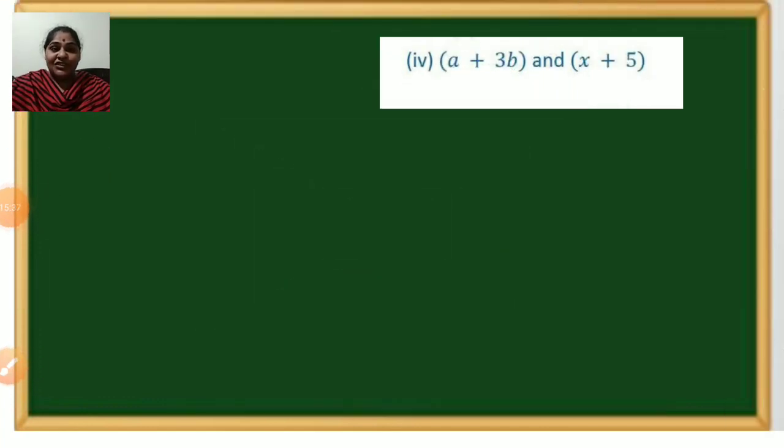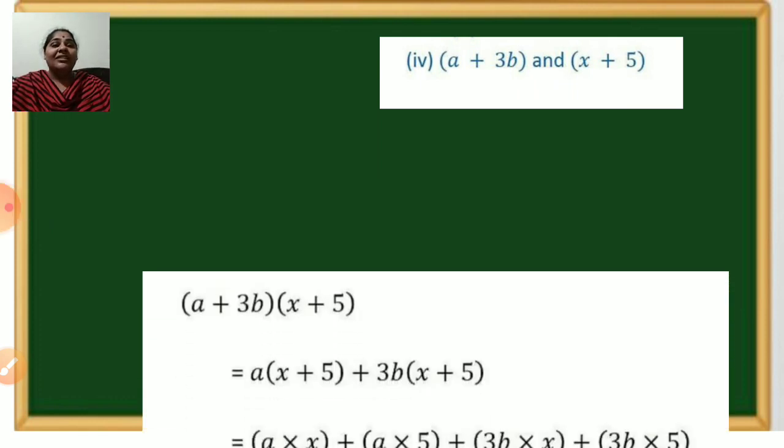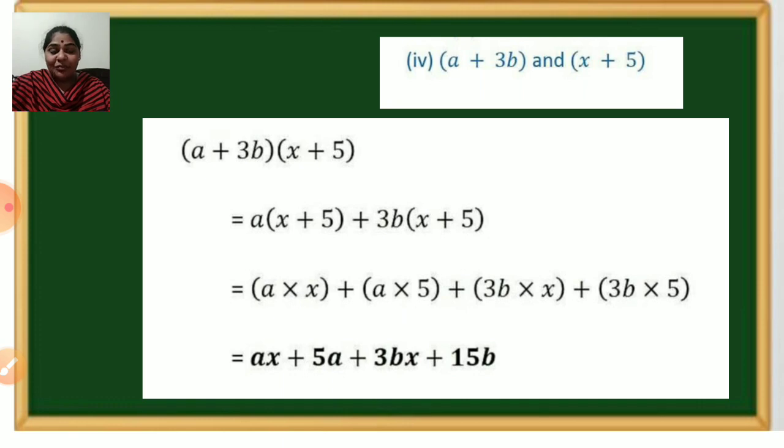So next one, once again a binomial multiplying with a binomial. So this is a plus 3b multiplied by x plus 5. So a is multiplied to x plus 5, plus 3b multiplied by x plus 5, which is nothing but a multiplied by x will be ax, a multiplied by 5 will be 5a, 3b multiplied by x will be plus 3bx, and 3b multiplied by 5 will be plus 15b.